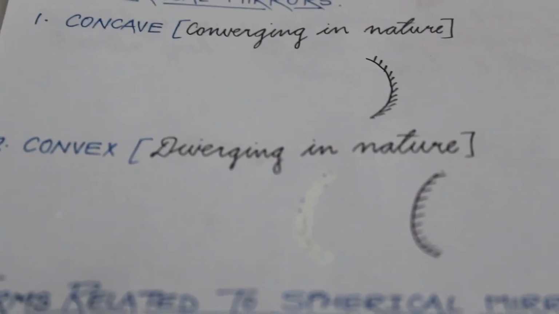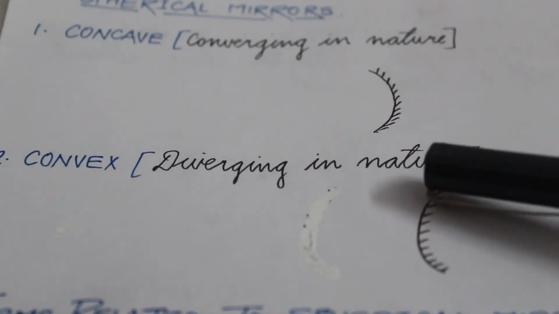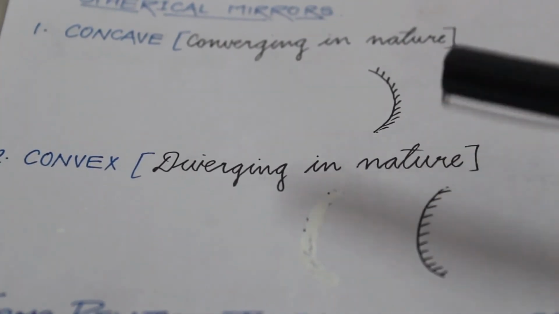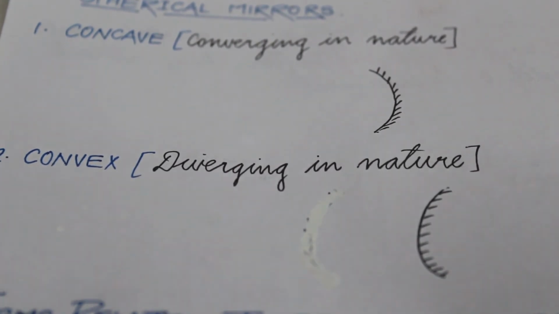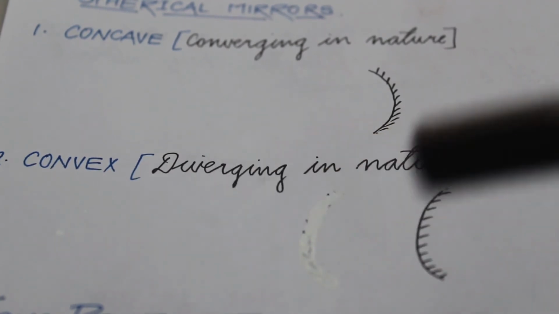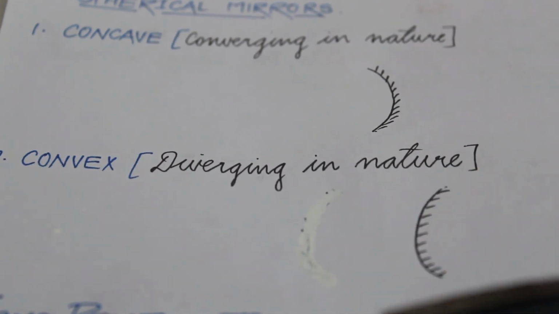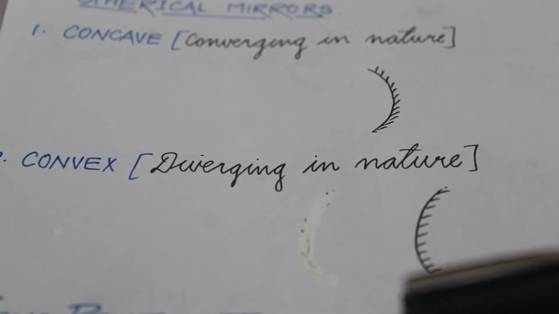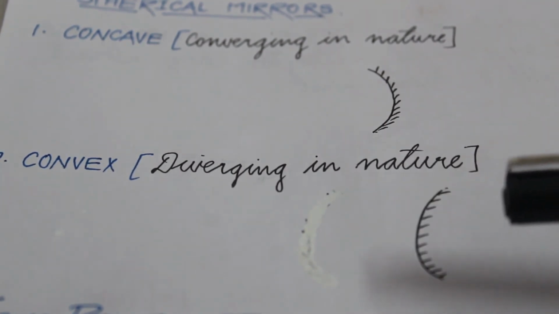Similarly, the outer portion of the mirror or the spoon is in this shape. So this behaves as the second type of mirror, which is known as convex and which is diverging in nature. Diverging in nature means if the rays are incident on it, the reflected rays will move away from each other. They will not actually meet. But if you produce them behind the mirror, they will appear to meet.